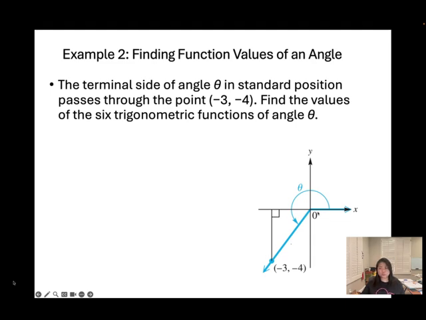First, what is your x equal to? x will be equal to -3, and y will be equal to -4. Now we're going to find out what your r is. Try to plug into this formula to find r.